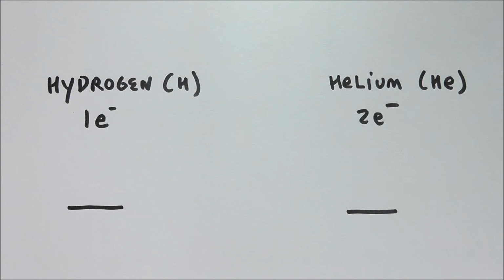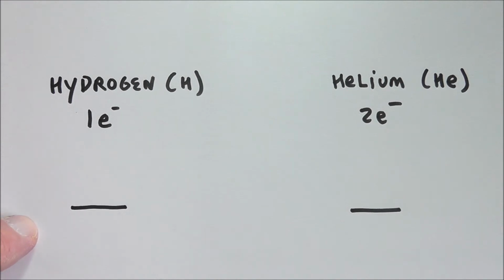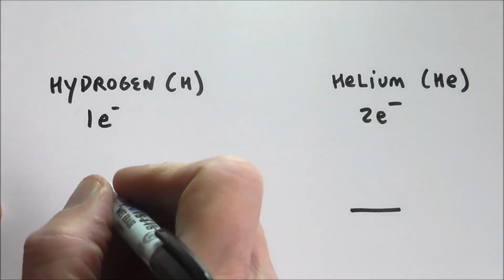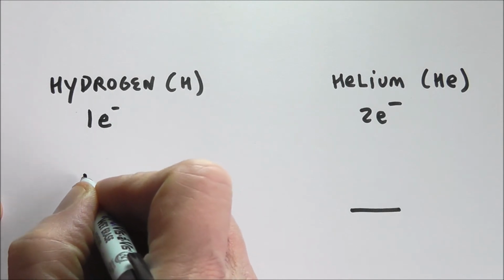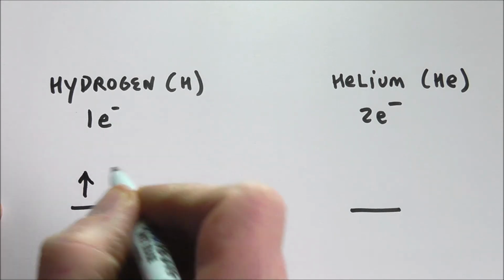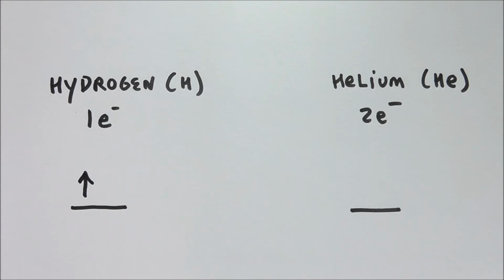Okay, here we are in row 1, or period 1 of the periodic table, and we've got hydrogen with 1 electron. I'm going to symbolize the orbital as a dash. Remember, it could be a box or a circle, and we'll put an electron in there. The reason I'm putting it on the left side is because that's really half filled.